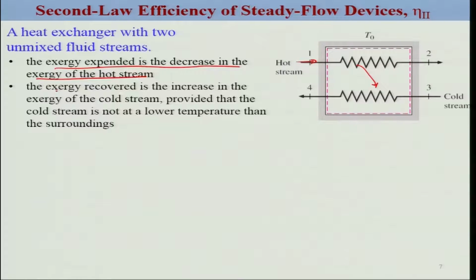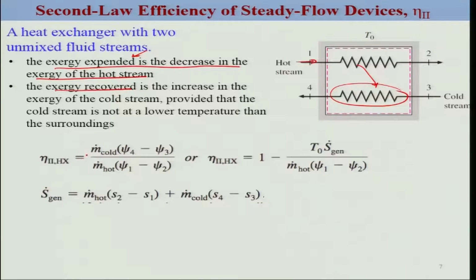This is nothing but exergy supplied. What about the exergy recovered? It is the increase in the exergy of the cold stream. Thus we can find the ratio of the exergy recovered to the exergy supplied or expended, and this would be your second law efficiency of the heat exchanger.